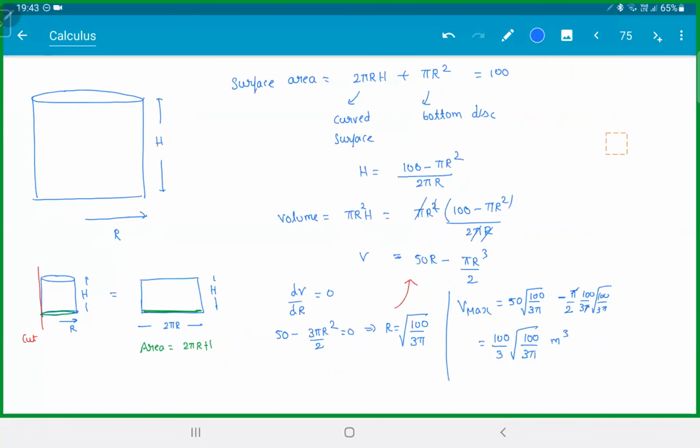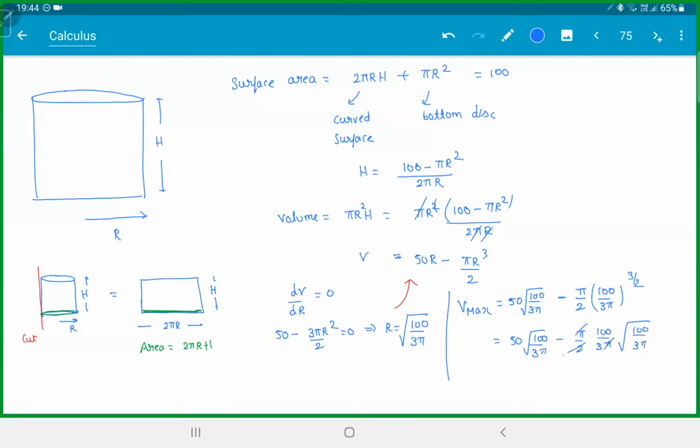I scribbled it here. Actually, let me write that properly. This would be pi by 2. R cube will be 100 by 3 pi whole to the power of 3 by 2. Now you can take out 100 by 3 pi, and 100 by 3 pi will be stuck inside.